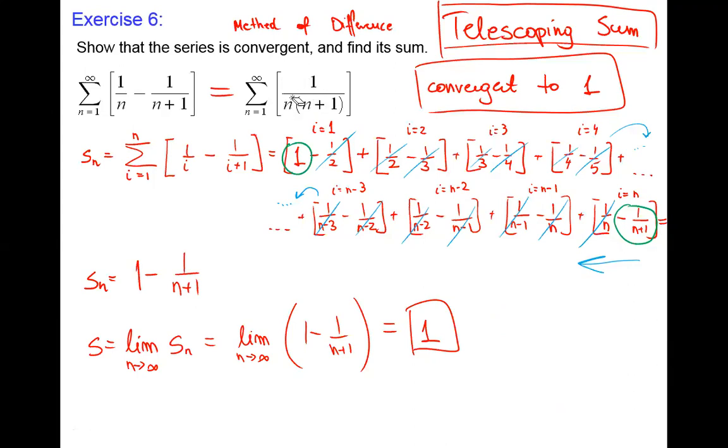If you see the denominator n and n plus 1 or maybe n plus 2, then you may think, I should split them into 2 partial fractions, a over n, b over n plus 1. Compute a and b and you will probably get this. That's another way to present the telescoping series, where you don't really see the difference. This is the more common way to define the telescoping, but you may also see this.